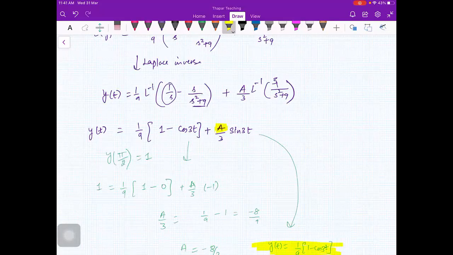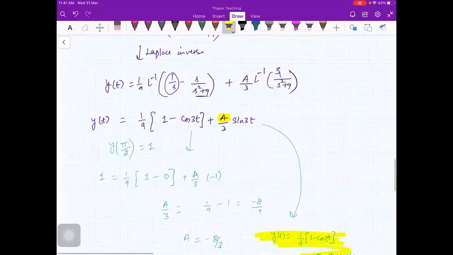Okay. Now, before moving to the next topic, do you remember we have a discussion again and again about what the conditions on f are so that we can certainly say that the Laplace transformation will exist, right? So let us discuss that.